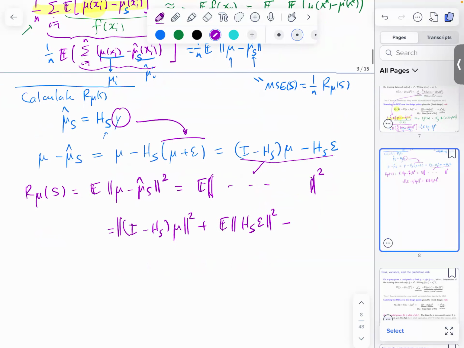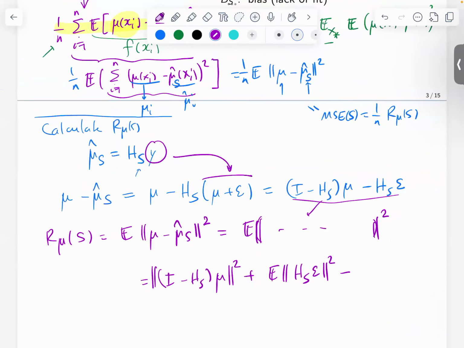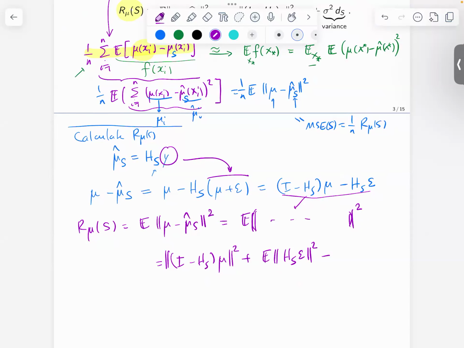And then I get the negative, I'm going to write it here, negative 2 times the expectation of I minus Hs mu transpose times Hs epsilon. What a complicated term, but it's just the transpose of this times the transpose of that. That's the cross term.